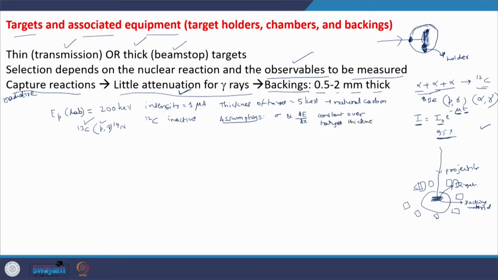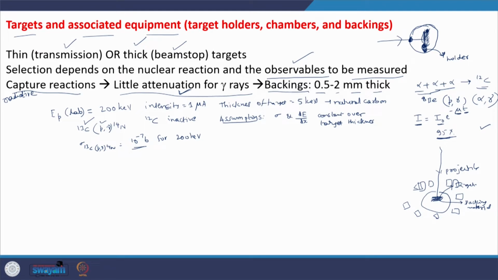And the given cross section for 13C(p,gamma)14N is 10 to the power of minus 7 barn. Remember, the cross section is strongly dependent on energy. So, when I am giving the cross section value here, it is meant for 200 keV laboratory energy, and the cross section is 10 to the power of minus 7 barns.